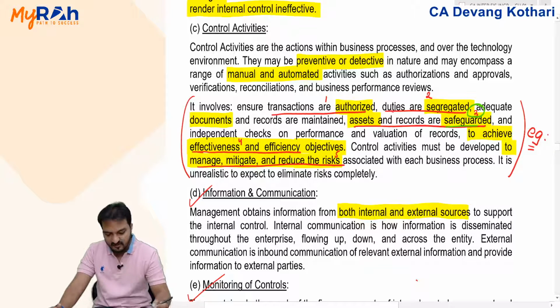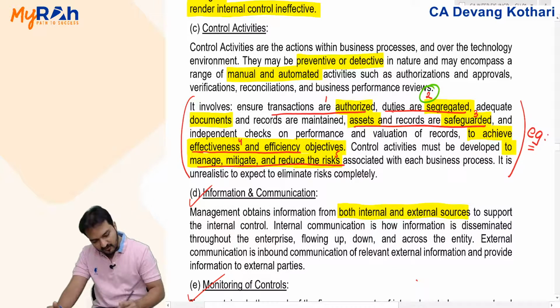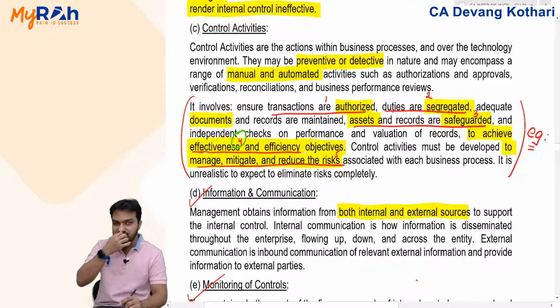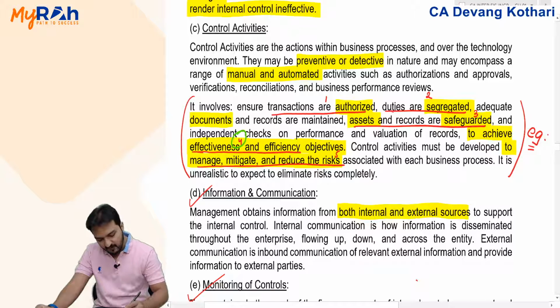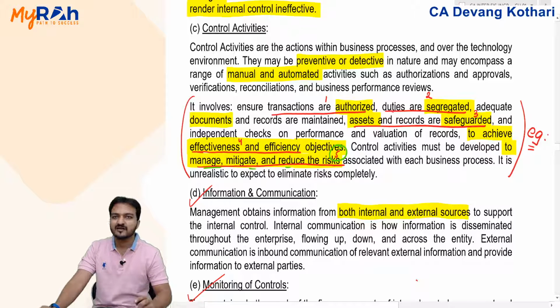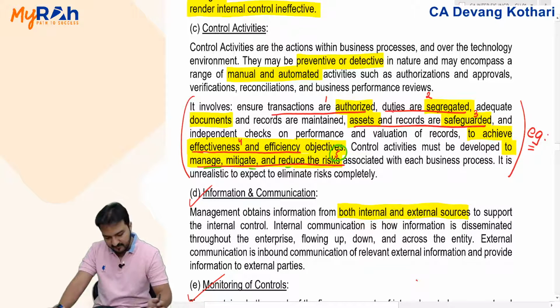Safeguarding of assets is also part of controls. These are all examples of the controls. Transaction authorization you check, segregation of duties you check, asset safeguarding you check. To achieve effectiveness and efficiency, remember we did effectiveness and efficiency in chapter 3. Also to manage, mitigate and reduce the risk. These are certain examples of controls to be implemented.